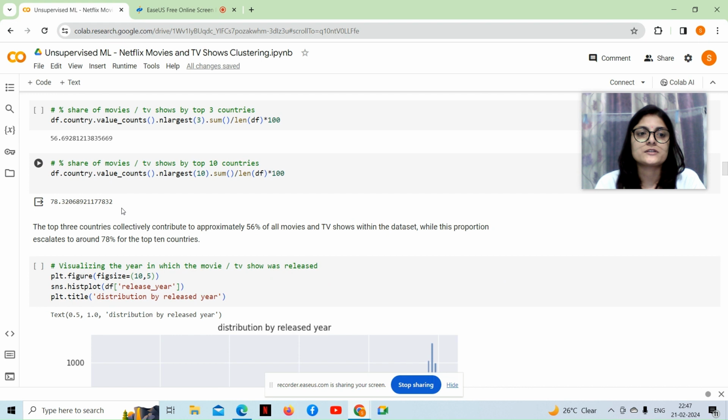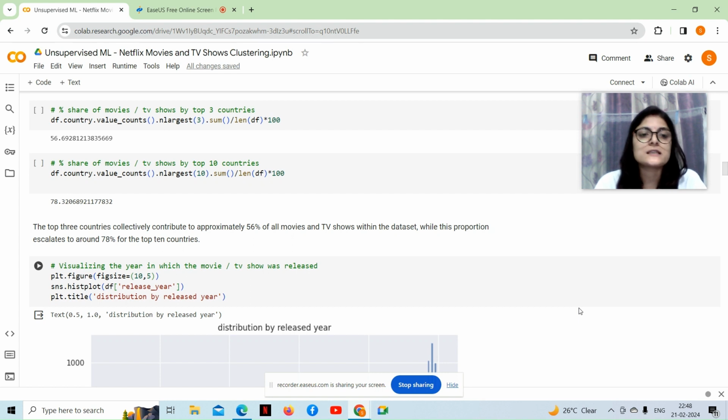We got 56%, and then percentage share of top 10, 78. So the insight is the top 3 countries collectively contribute approximately 57% of all movies and TV shows within the data set. While this proportion escalates to around 78% for the top 10 countries.